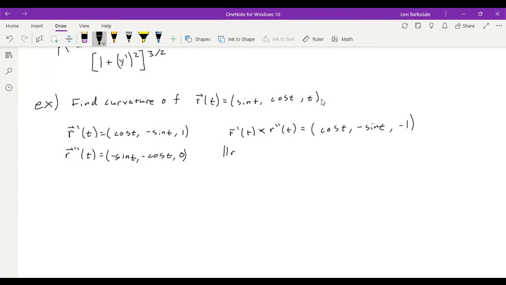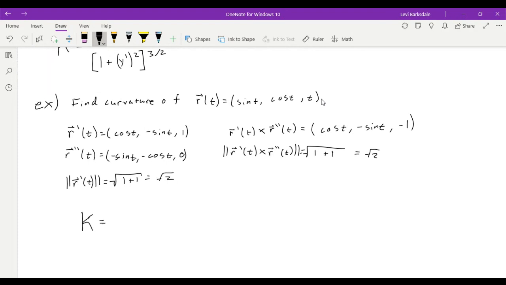Then if we take the magnitude of that, well, that is the square root of cosine squared plus sine squared plus 1, which is 1 plus 1, which is square root of 2. And of course, we need the magnitude of our first derivative, which is square root of cosine squared plus sine squared plus 1, which is 1 plus 1, which is square root of 2.